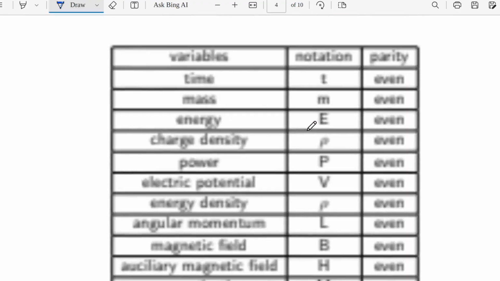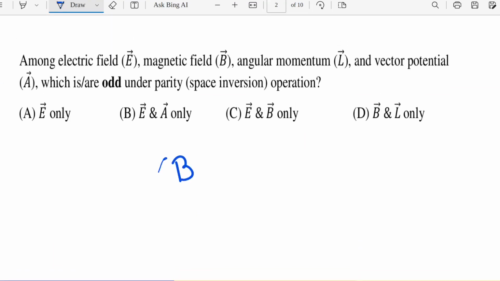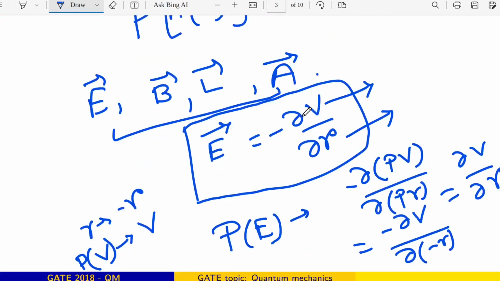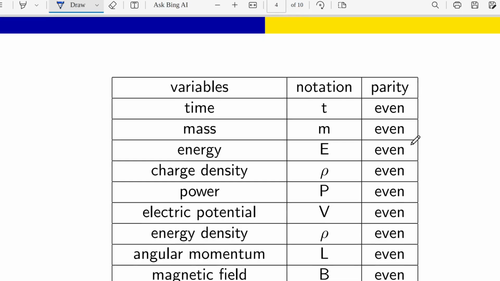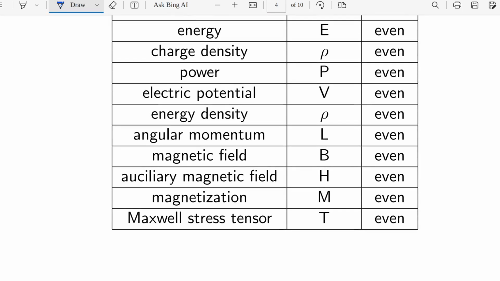Now coming to the question again, we can see the option is B. I have mentioned in the PPT which variables have even parity and which have odd parity. You can see here time, mass, energy, charge density, power, electric potential, angular momentum, magnetic field, auxiliary magnetic field, magnetization, Maxwell stress tensor, all are even under parity.